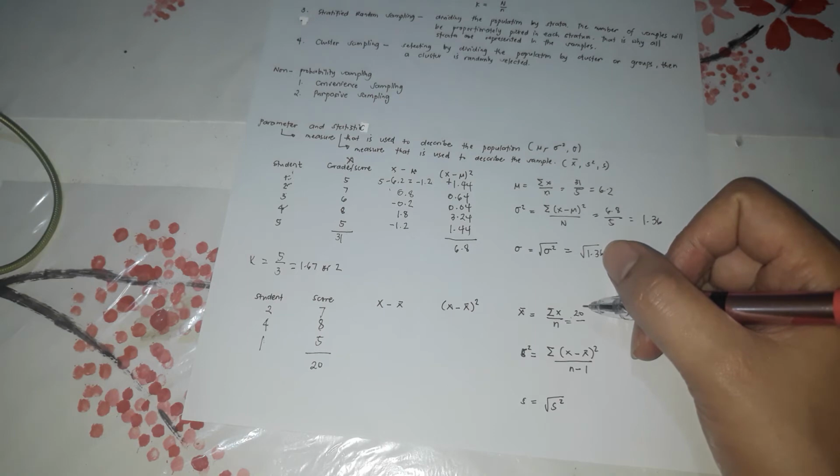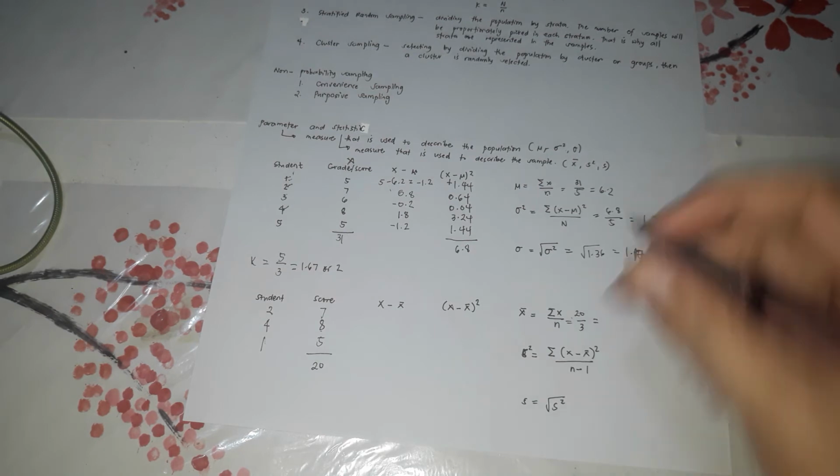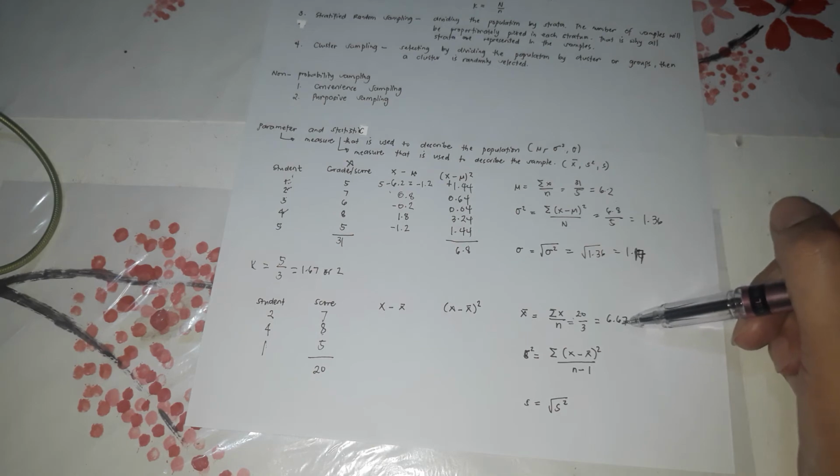So get the sample mean. 7 plus 8 plus 5, the summation is 20. So 20 divided by n, which is 3. 20 divided by 3 is 6.67. So the population mean is 6.2, but the sample mean is 6.67.